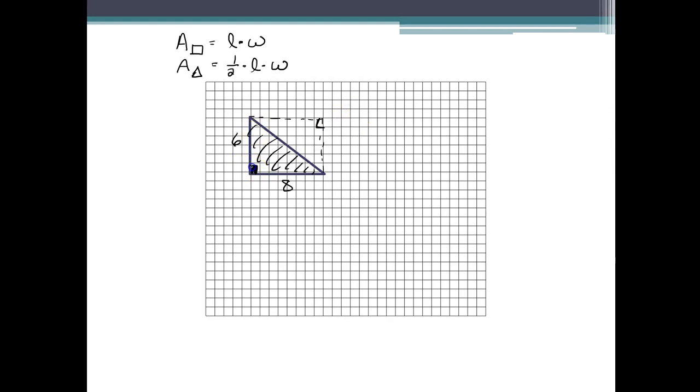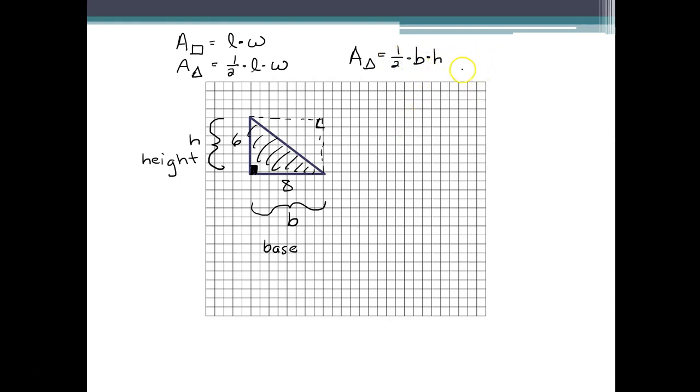But what they go ahead and do, instead of saying length times width, they go ahead and call this dimension here the base, B, and this dimension here, height, H. So when you go to find the area of a triangle, what they say is do half the base times the height.